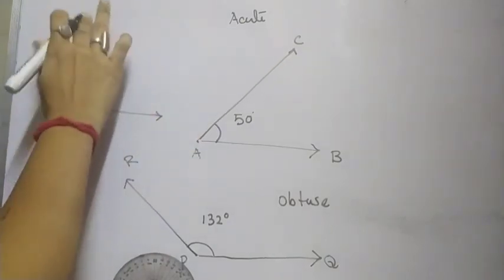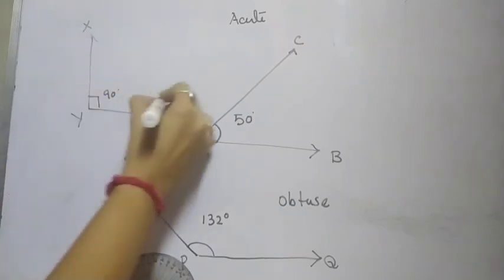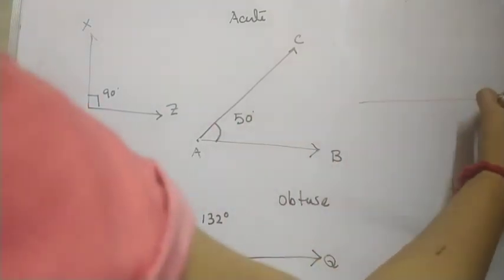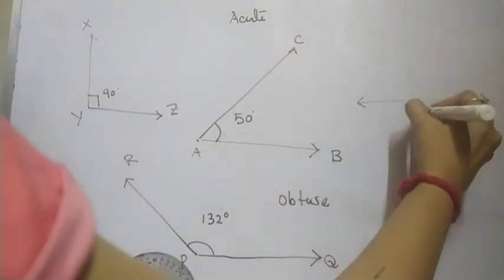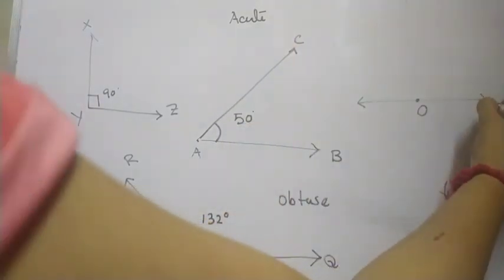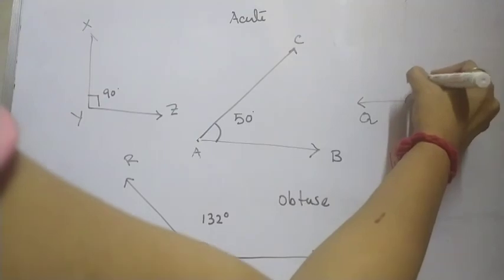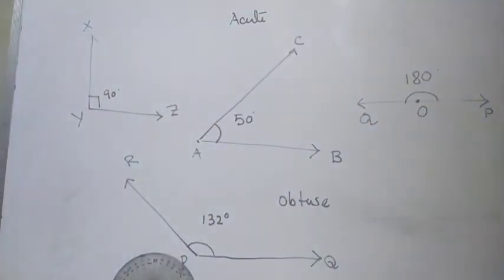Always you need to give some name, x, y, z or something like that. If you want, you can draw a straight line also. For that you also need to give a name, O, P, Q, like this, and you have to mention this is 180 degree, that is a straight angle.